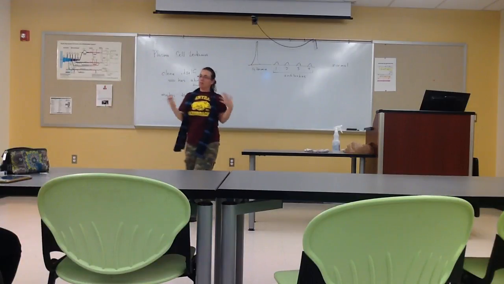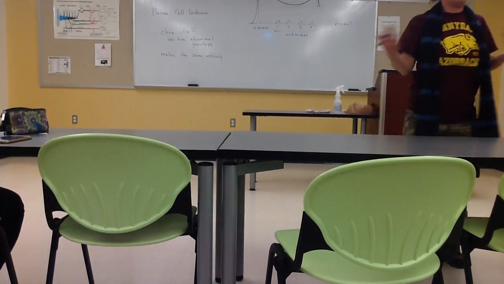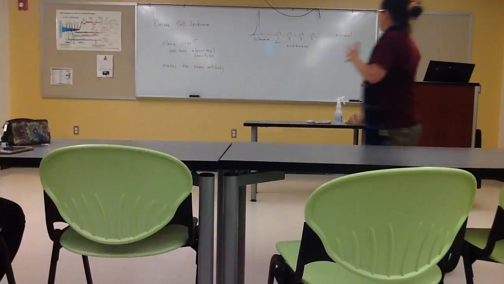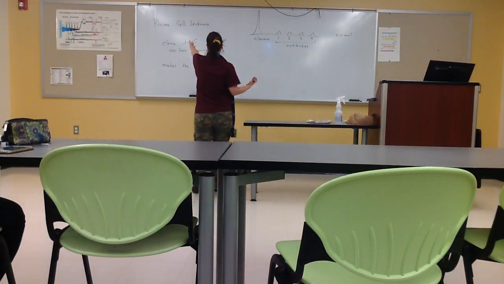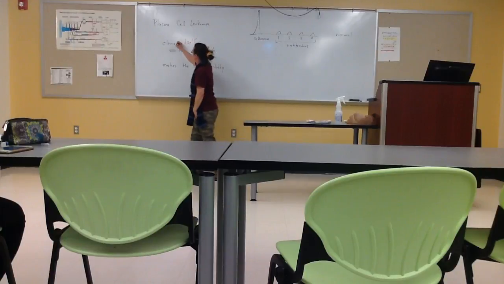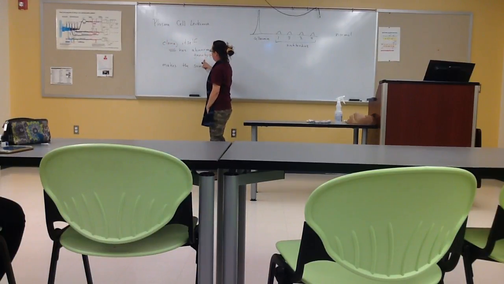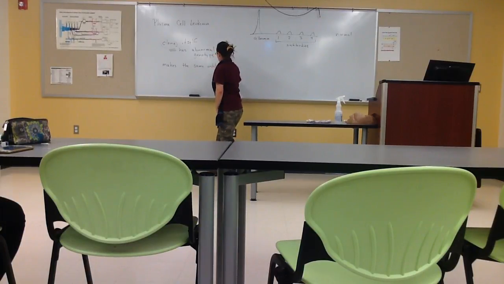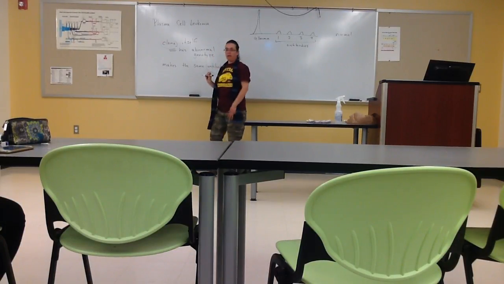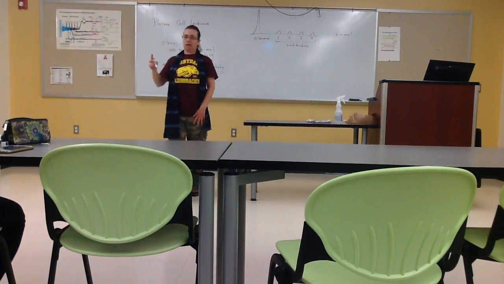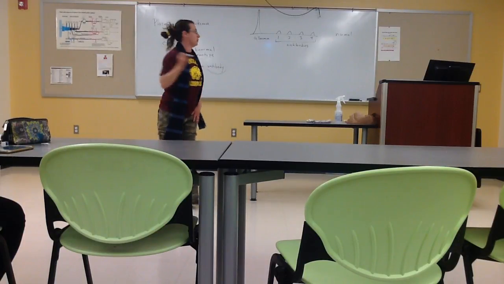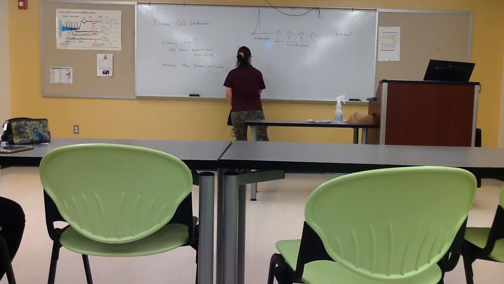Not any particular one would be more than the other, okay? Now when we're talking about plasma cell leukemia, because you're getting this clone of one particular plasma cell that has this abnormal genotype, you're going to see that this antibody is going to skyrocket in a person that has this leukemia. So then this would look like this.